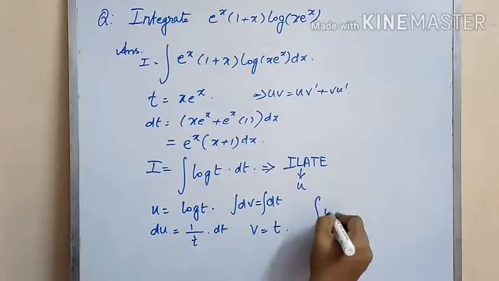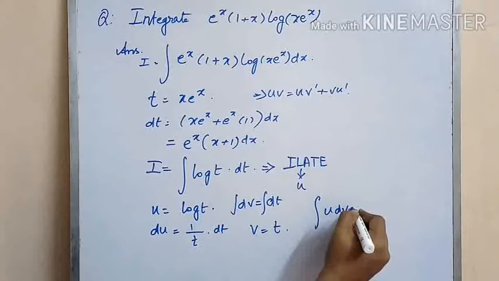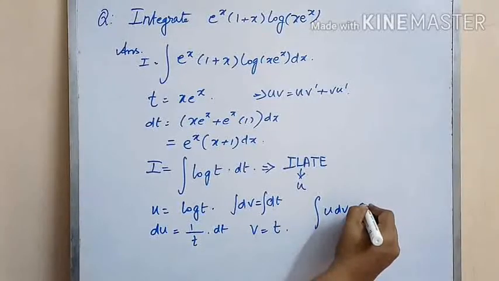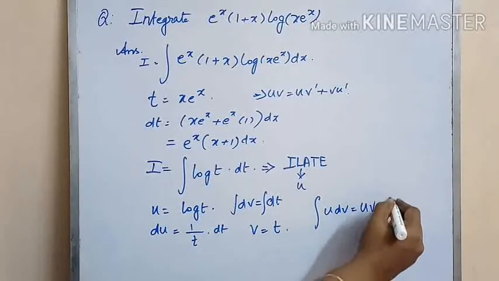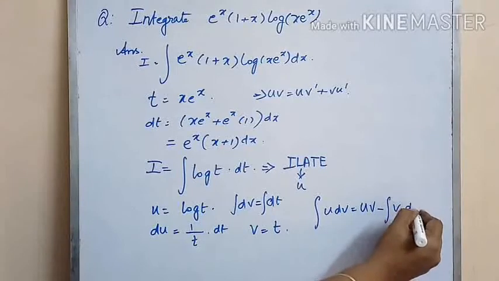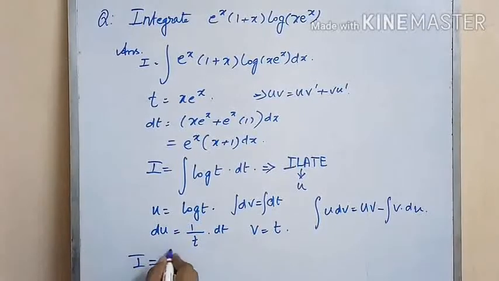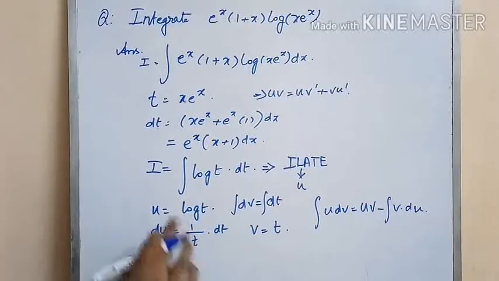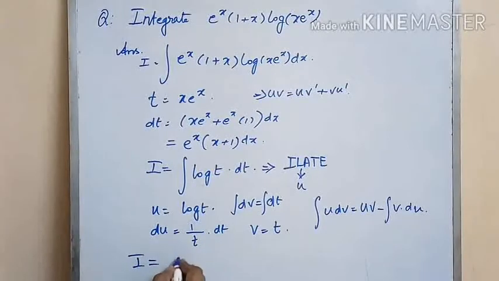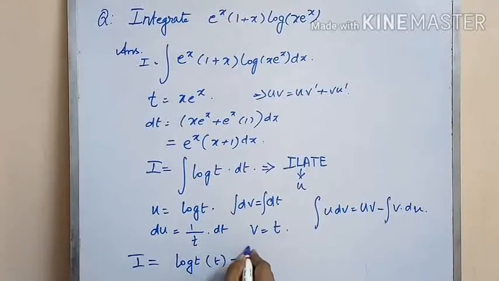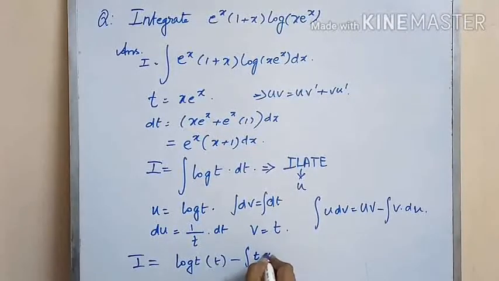Using integration by parts, we get integral of u dv is equal to uv minus integral v du. So I is equal to u is log t into v is t minus integral of t into 1 by t dt.